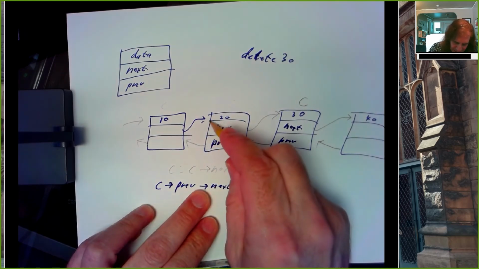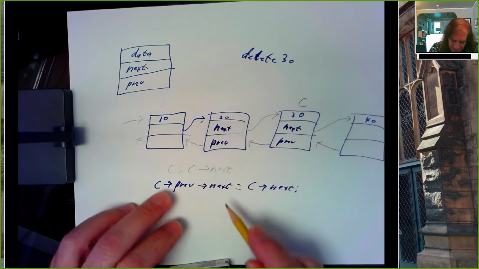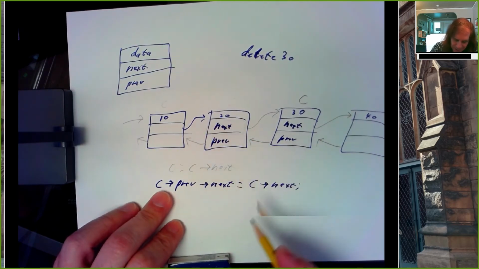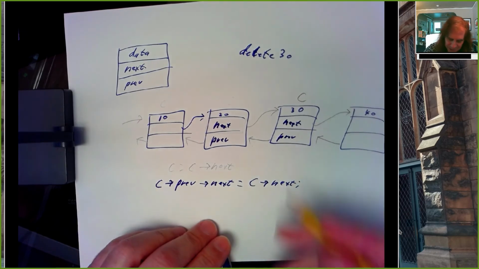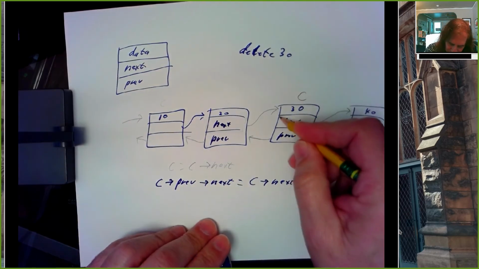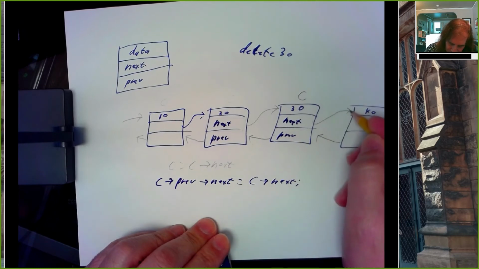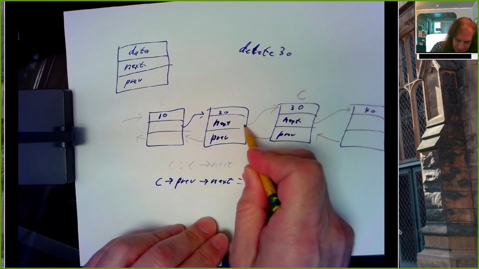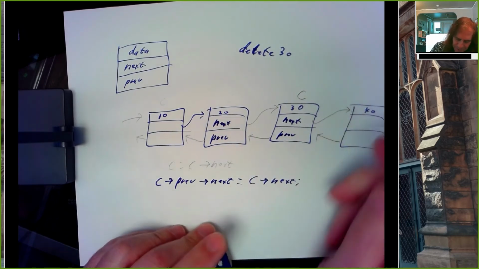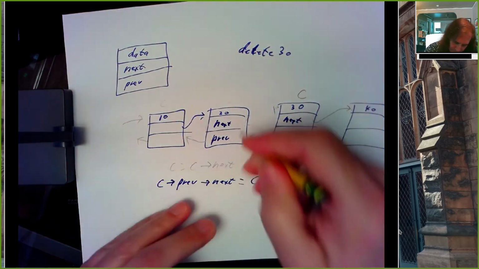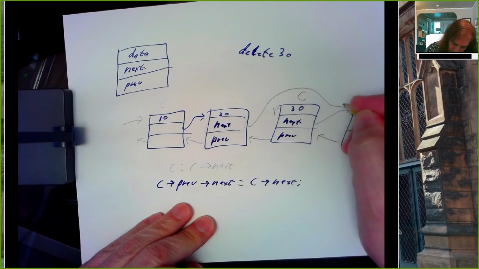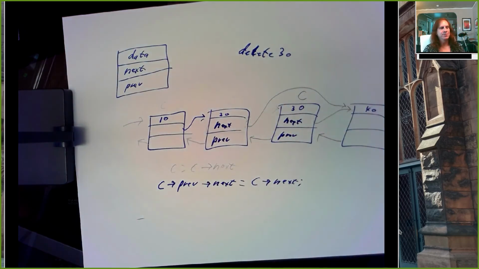This says take the next field. So now this left-hand side refers to this box right here. And we're setting it equal to what? C arrow next. C points to this block. The next field is this, which is a pointer to here. So that changes this block to point to the 40. And so we've got that hopping over the node we're deleting.